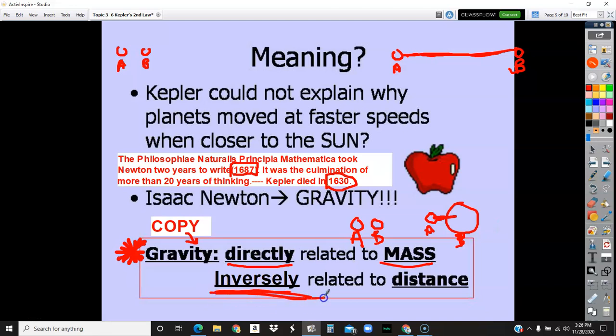That's an inverse relationship. As the distance increases, the gravity decreases. That's why we slow down when we're further from the sun, and we speed up when we're closer to the sun. But again, Newton comes out with this book in 1687. Kepler, like I said, died many, many decades earlier, not being able to explain the whole idea behind gravity.